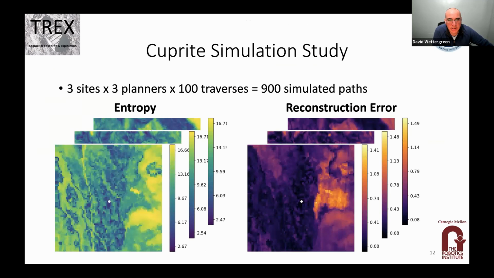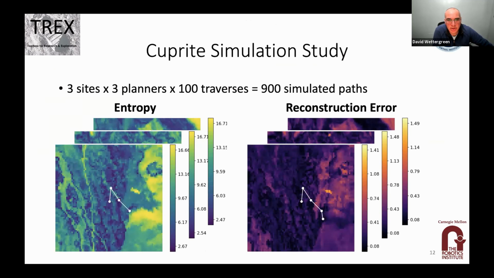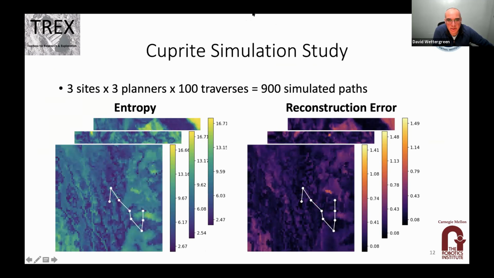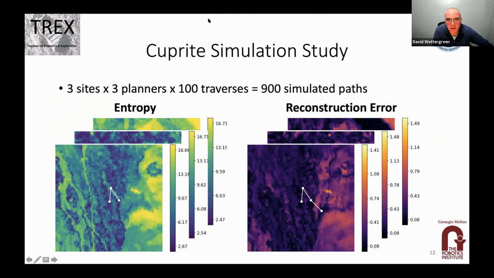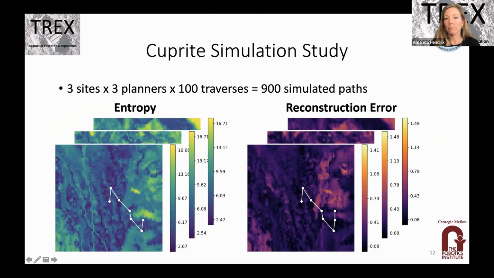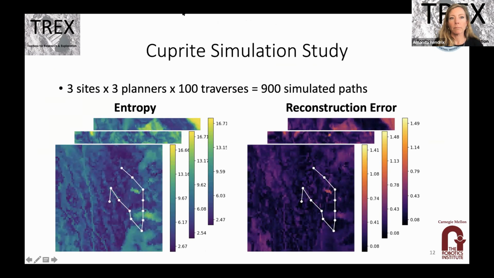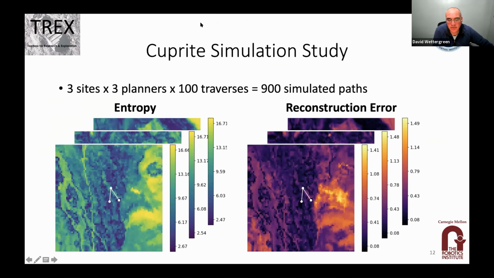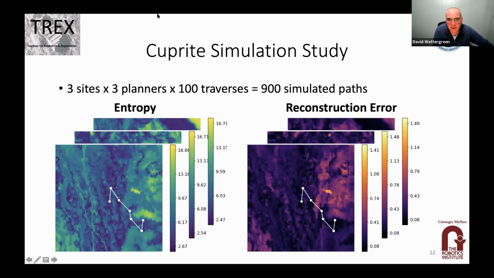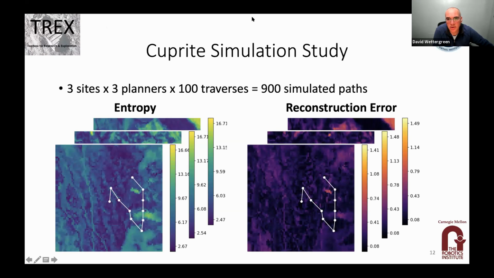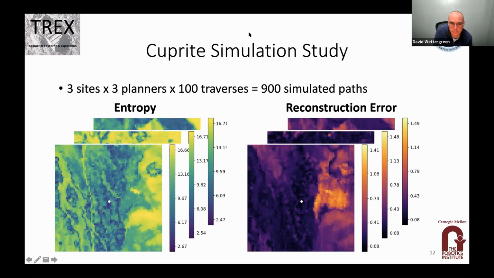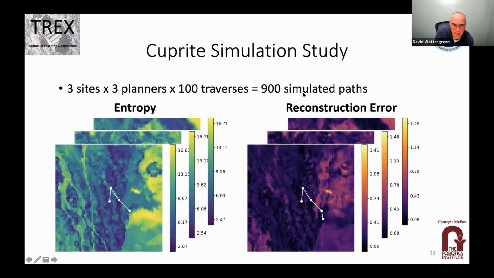We ran different planners, and we measured the reduction in uncertainty of the model over these traverses. We also measured the reconstruction error, which is the difference between the model of geologic diversity that the robot ended up with compared to that ground truth geologic map. Go on to the next slide, please.